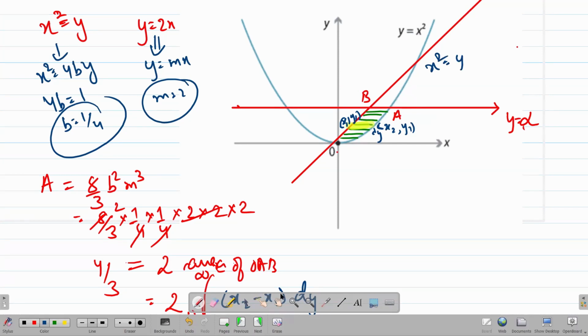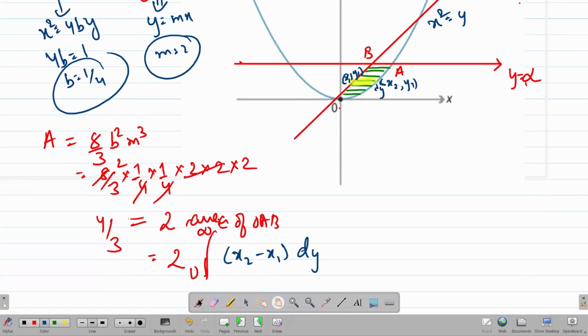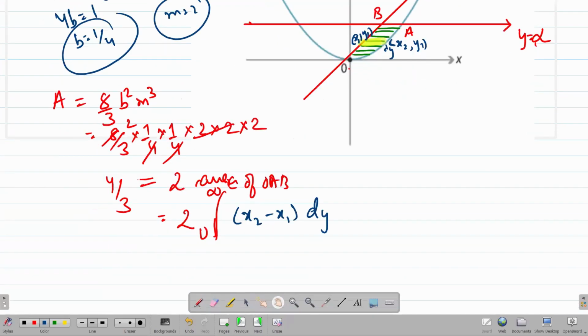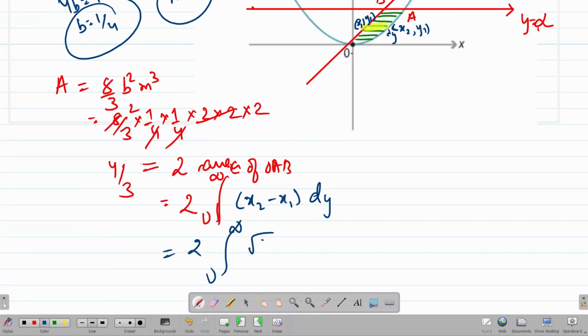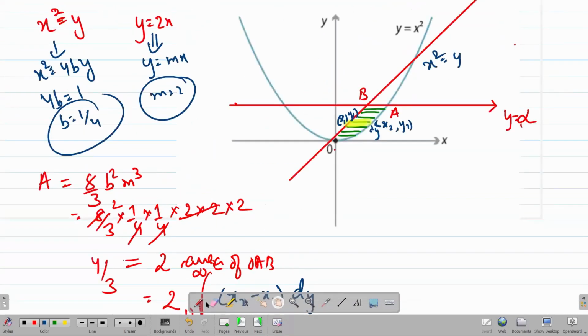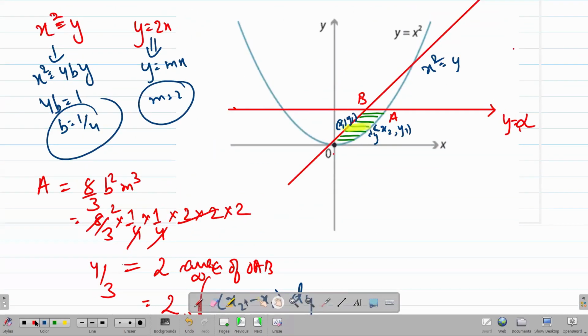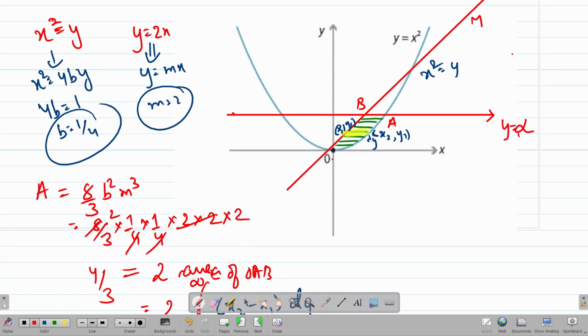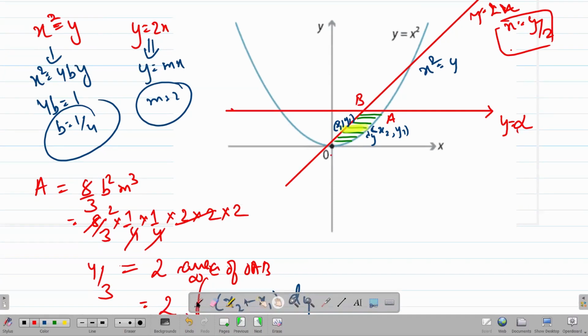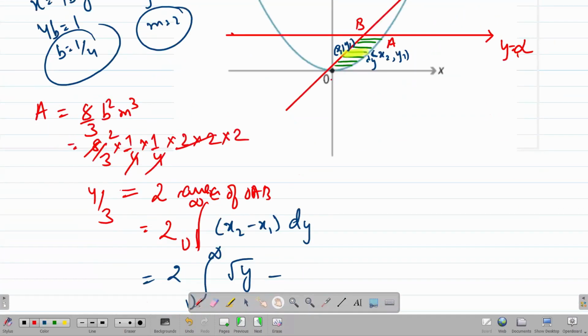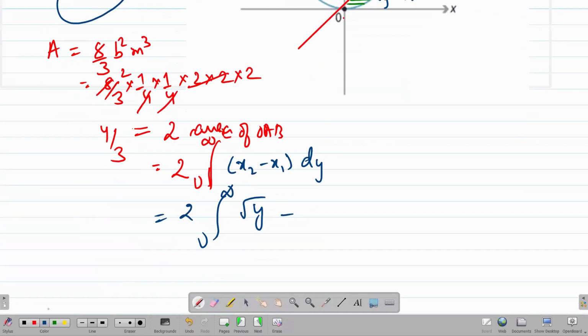So x2 is on the parabola, so my value of x is here root of y. And since x1 is on the line and line is y is equal to 2x, that means x is equal to y by 2. So my x1 comes out to be here minus of y by 2 dy.